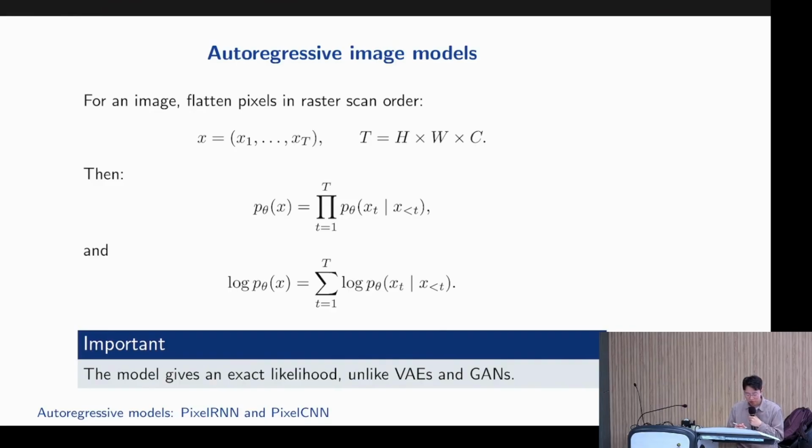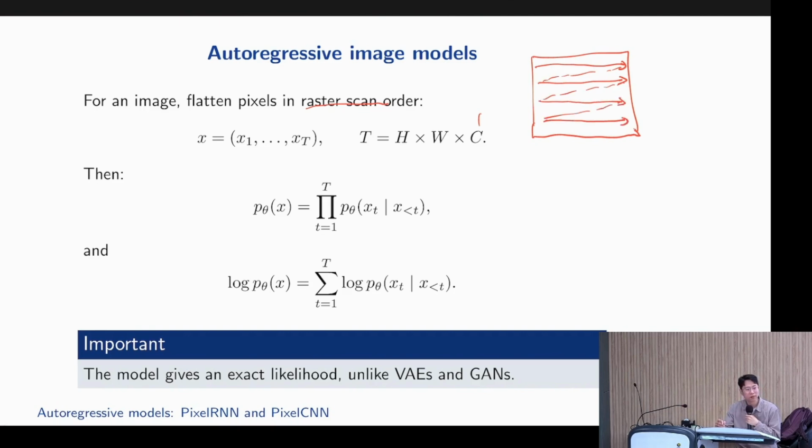So let's take it more concretely. For an image generation task, we're going to have flattened pixels in a raster scan order. This means if you have an image, let's just say channel size is 1 for simplicity. Raster scan goes row major format typically. Like this. So this is going to be your order of the random variables. x1, x2, and so on, x w plus 1, and so on.